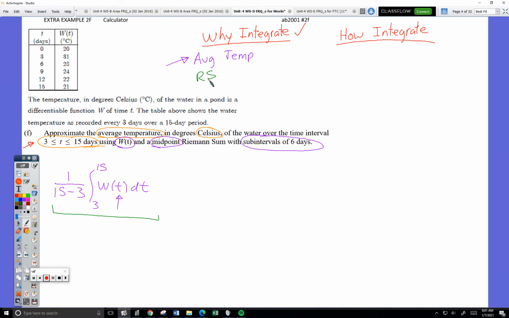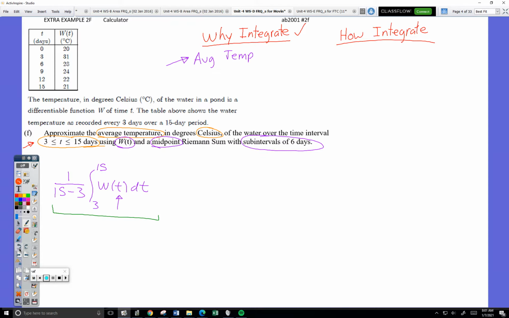Riemann sum is not why we integrate. Riemann sum is how we integrate. It's a technique for computing an integral. So don't think of Riemann sum yet. All you should be thinking is, hey, I've got to find the average of something. In order to find the average, I've got to integrate whatever I'm averaging. So start with this. Now we move on to how are we supposed to compute that integral.